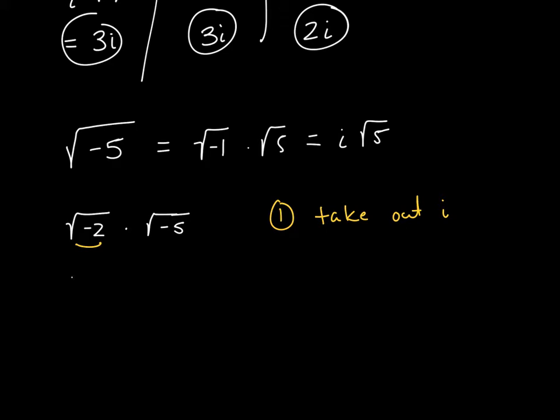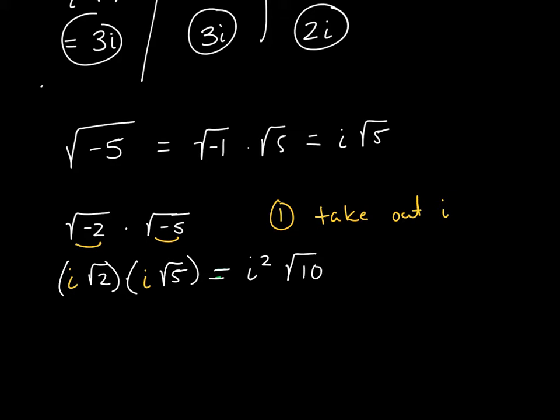That is going to be i on the outside, then the square root of 2. And I multiply that, and over here again, that negative brings out the i on the outside, but the square root of 5 stays on the inside. So now I'm back to the rule where I multiply the outside together, and then I multiply the inside together. And that gives me i squared times the square root of 10.